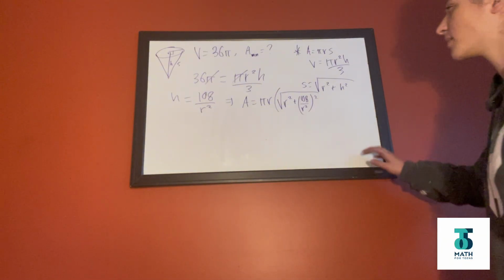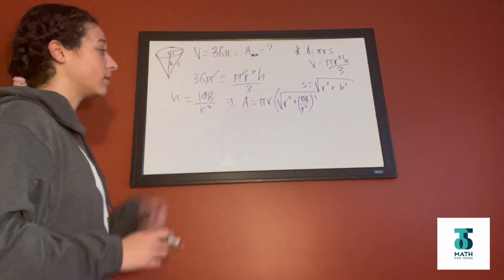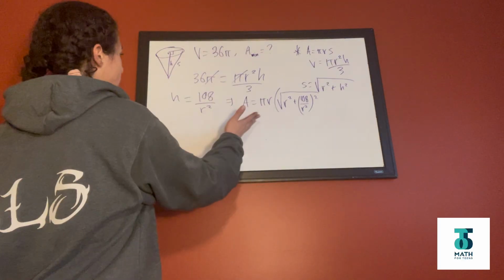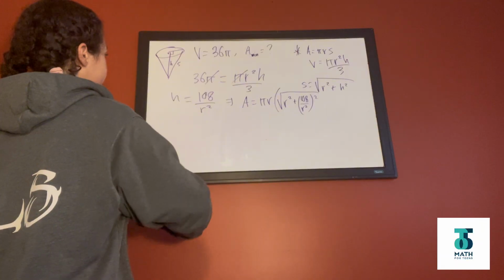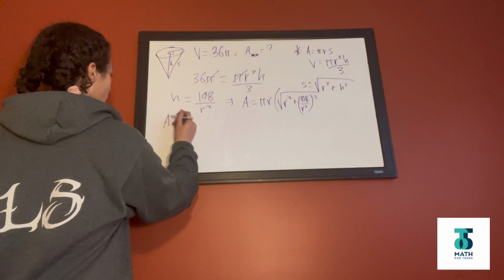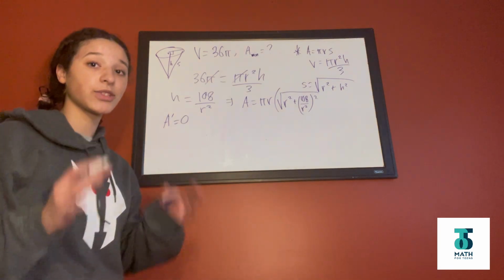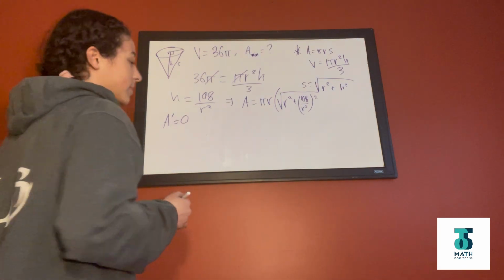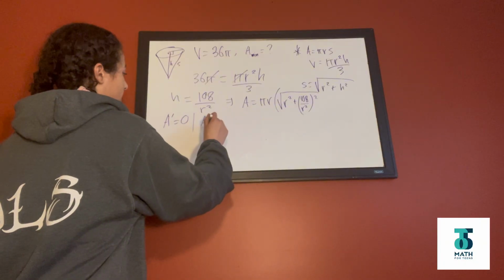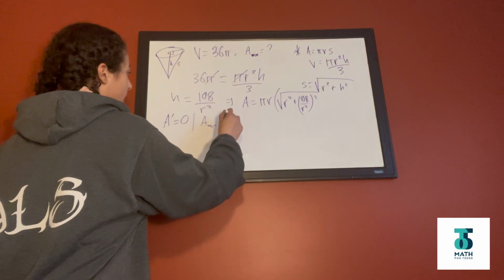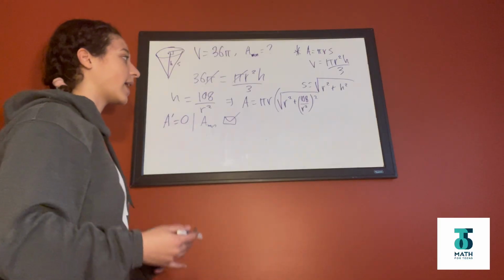Now this is what I'm going to be differentiating, and the only variable is of course r. So A prime, the derivative of A with respect to r, is 0 when A is either a max or a minimum. We'll just say it's a minimum, and so we'll have found our r value that satisfies that condition.